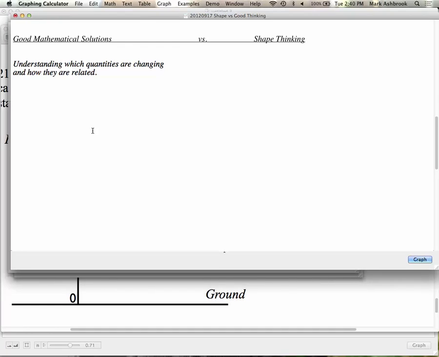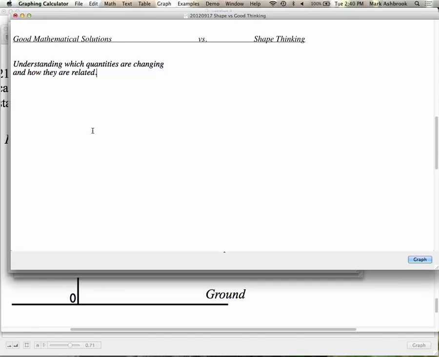If you were to look at somebody else's command lines in a GC file of an animation that they built, what would you see that would indicate a good mathematical solution versus shape thinking? Yeah, but then also the process of how it's being built. If you were looking at someone's GC file, what would demonstrate that they had an understanding of which quantities are changing and how they're related? What would show that? Versus shape thinking, you would see that maybe they don't have that.